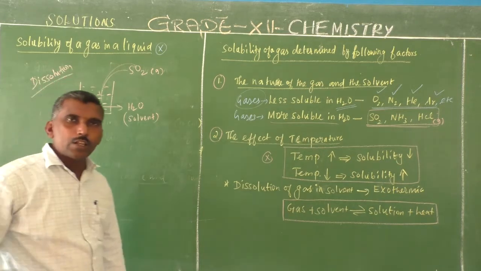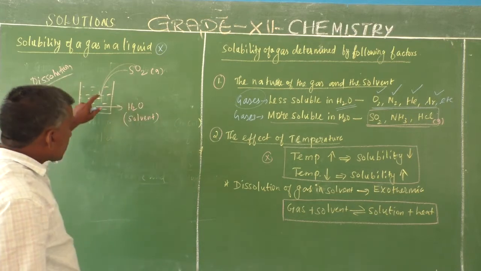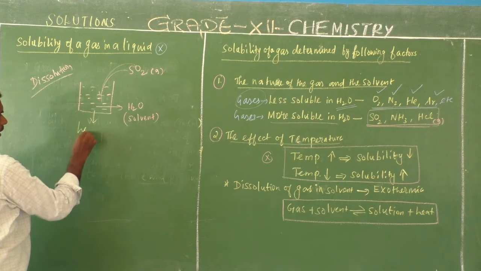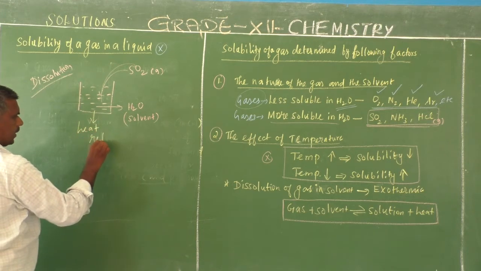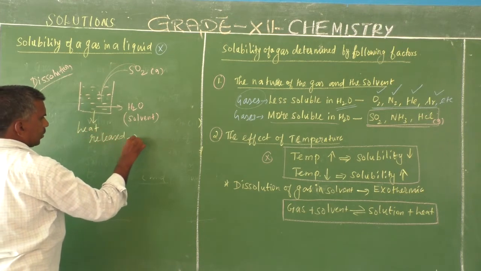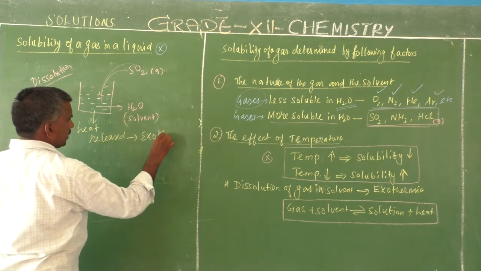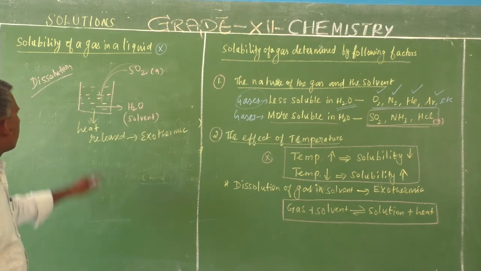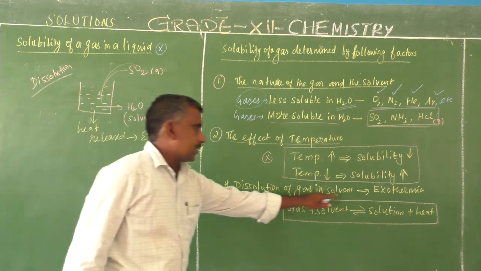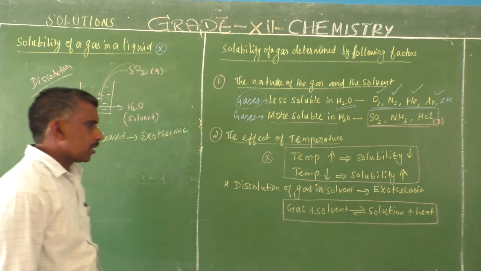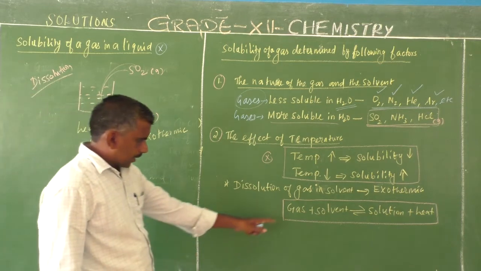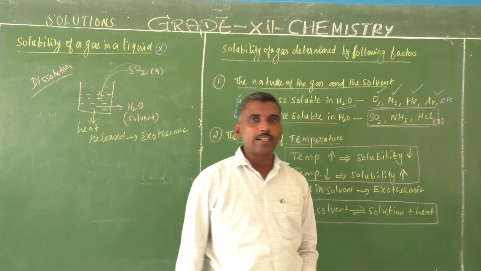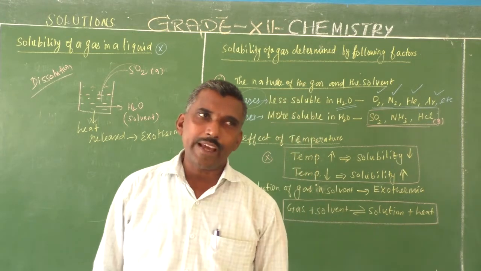When sulfur dioxide is dissolving in water, a lot of heat is released. So this is known as an exothermic reaction, an exothermic process. So dissolution of gas in a solvent is exothermic, that is, when gas dissolves in solvent to form a solution, heat is released.